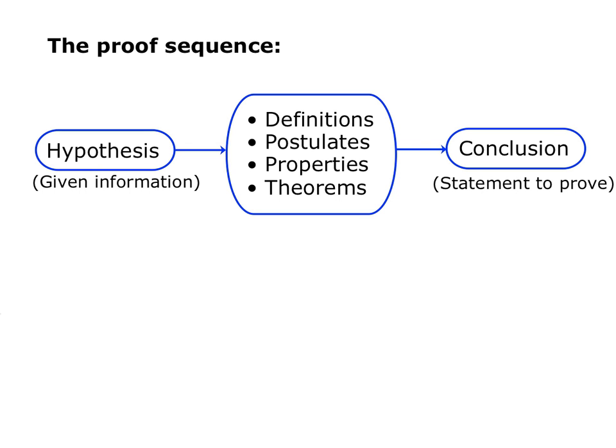Then you can use definitions, postulates, properties, or theorems that we've studied so far to support your additional steps. And we're trying to reach the conclusion. The conclusion will be the statement that it says to prove. So we're trying to put a sequence of ideas together to let someone follow the thinking, and we're going to support each step along the way with a known fact.